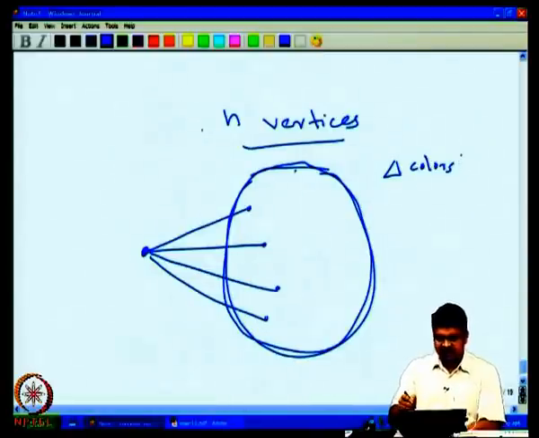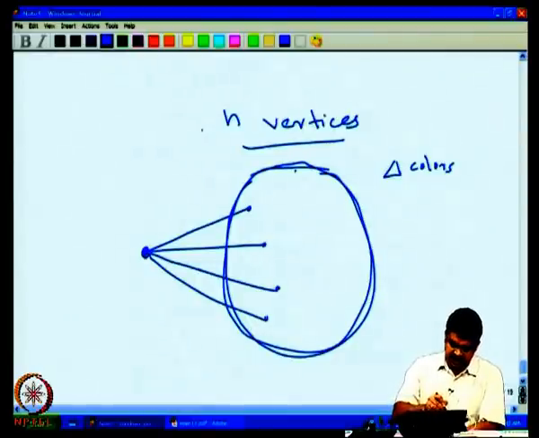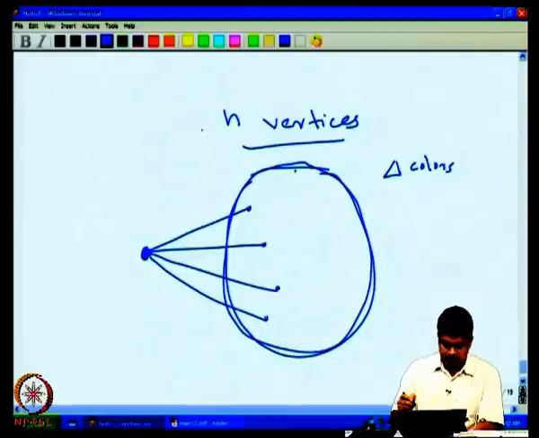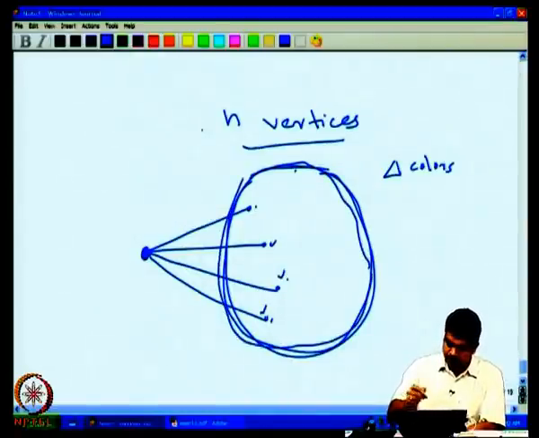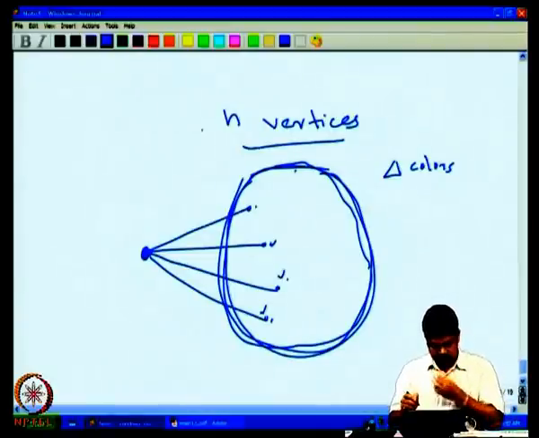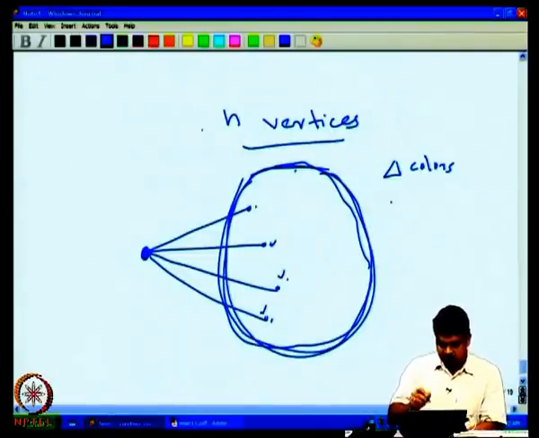Now, one thing we should first notice is that the degree of this vertex is delta, because if it is not delta, suppose it has only delta minus 1 neighbors. How many colors will it see here? This graph is colored by the induction hypothesis, it can be colored using delta colors or delta plus 1 colors, depending on whether it is a complete graph or an odd cycle, but whatever it is.